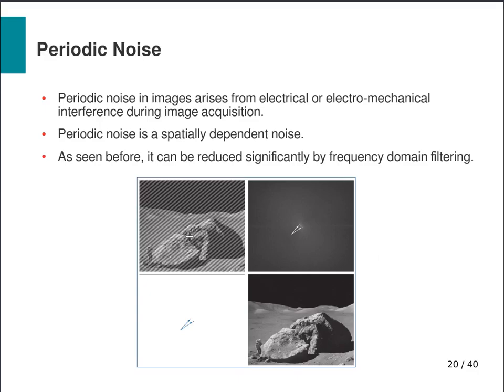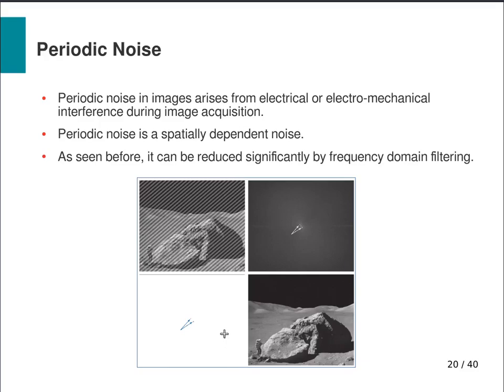Here is an example of an image that is degraded by periodic noise, and if you calculate the Fourier transform of this image, you realize that there are two sharp spikes that appear in the Fourier transform. These two spikes are equivalent of this periodic noise in the spatial domain. So if you apply such a notch filter, basically anywhere is white.